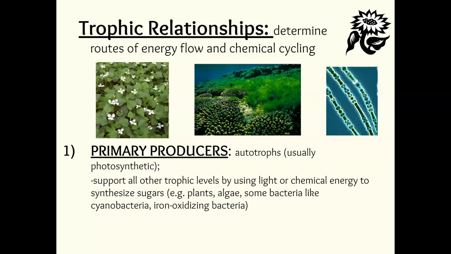Rust contains high levels of iron. So for example, in a rusty pipe, there may be bacteria that's growing inside of that rusty pipe, and that bacteria is able to take electrons or oxidize iron compounds and then use those high energy electrons to produce carbon compounds.